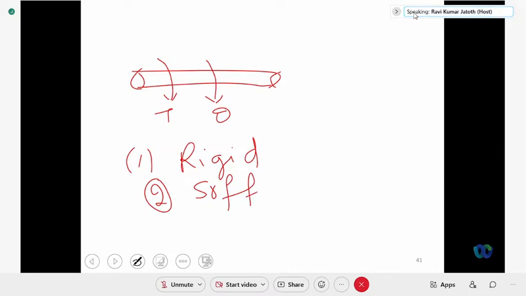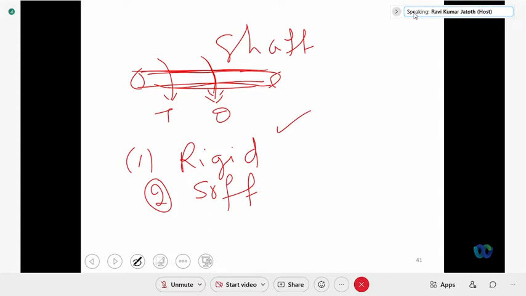When the shaft is rigid, the angular displacement resulting from the torque is the same throughout the shaft.